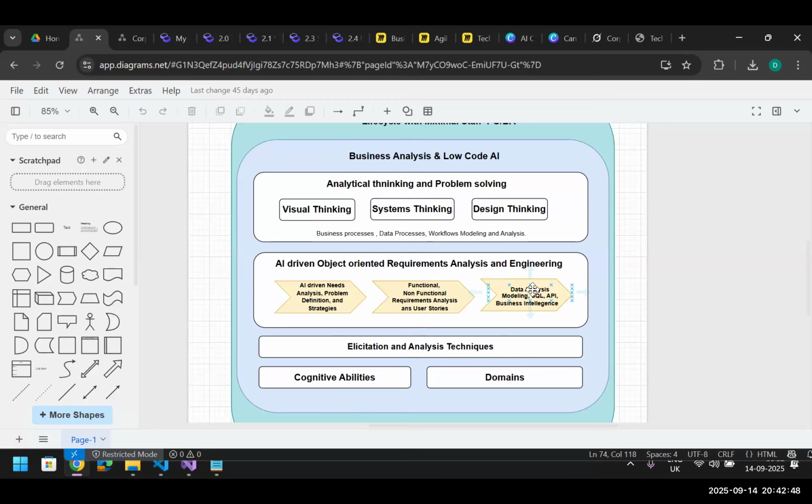Today the applications can be no-code, low-code, because even consultants or non-technical people can build applications. But we need at least a decent understanding of data analysis, data modeling, data normalization, database table structures and column structures, and what SQL is, what an API is, and what reports and business intelligence are.